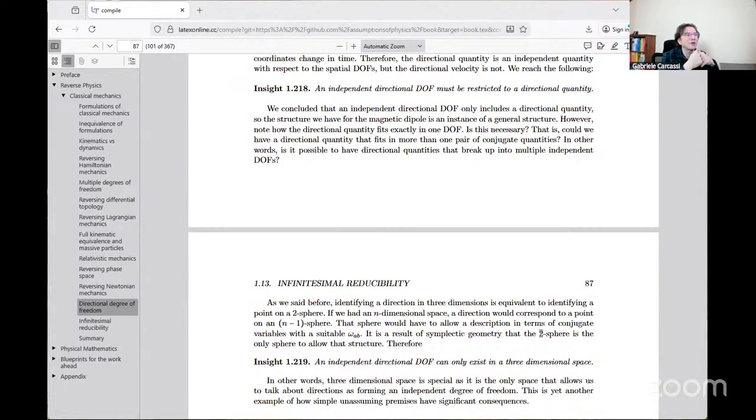So there are a bunch of other arguments that can reuse the fact that the two-dimensional sphere is the only symplectic one. And again, now of course becomes, why do we need the symplectic structure? And we had the argument for that the last couple of times. So you need the symplectic structure to be able to define a count of states for independent degrees of freedom.